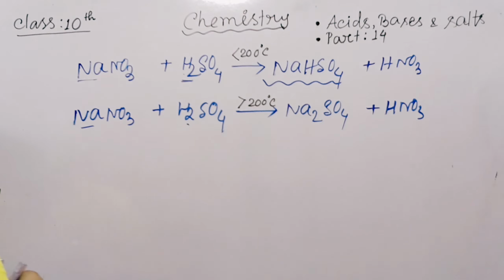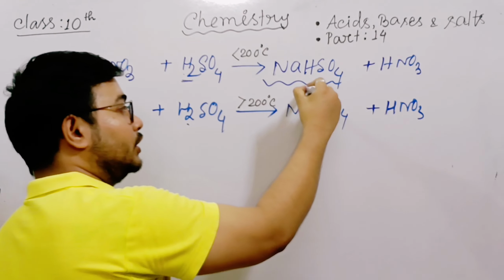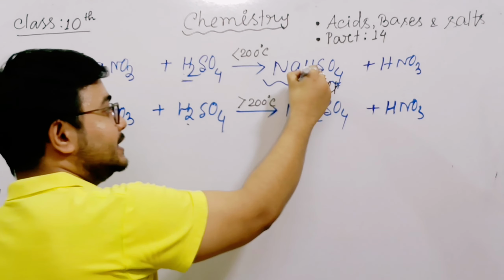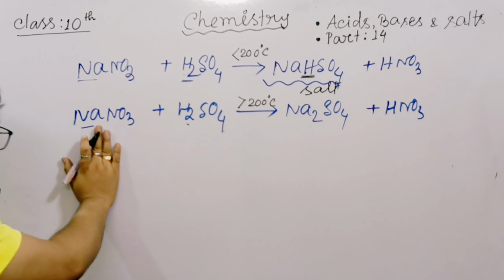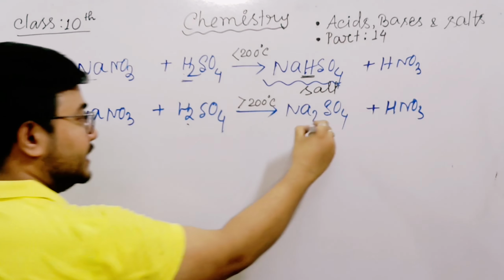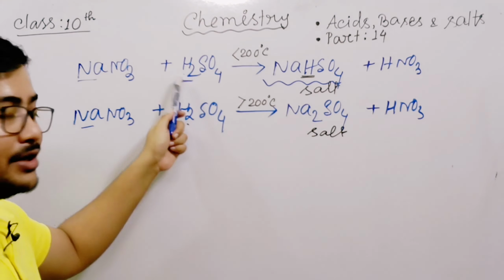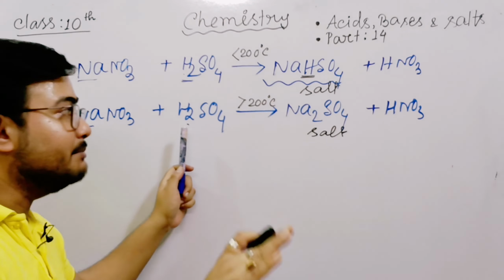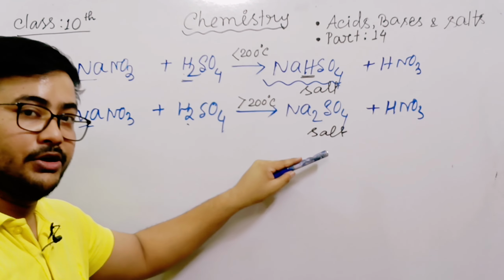Try to understand. When sodium nitrate reacts with sulfuric acid, it will form a salt. Sometimes it displaces 1 hydrogen, sometimes 2 hydrogens. Displacing 1 or 2 is not important. Always, when sodium nitrate reacts with an acid, it will form a salt.